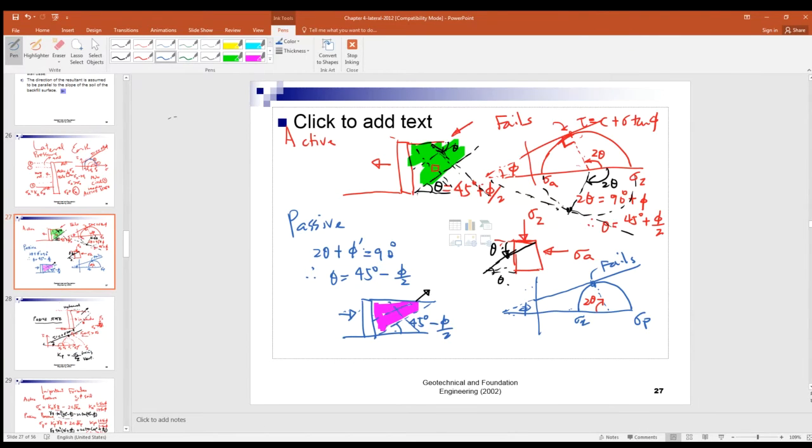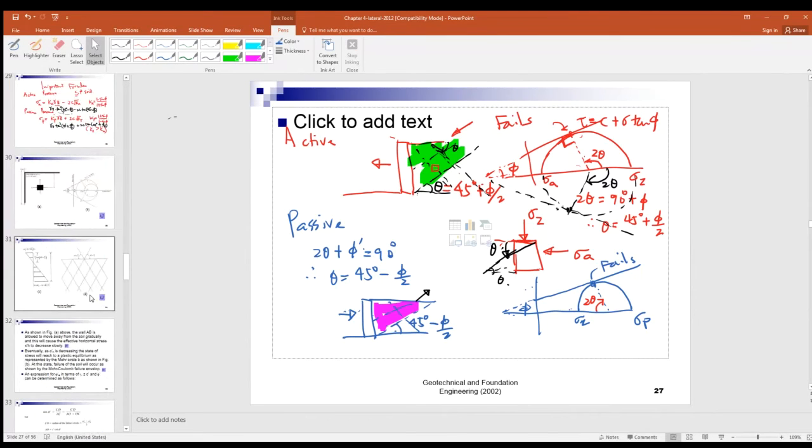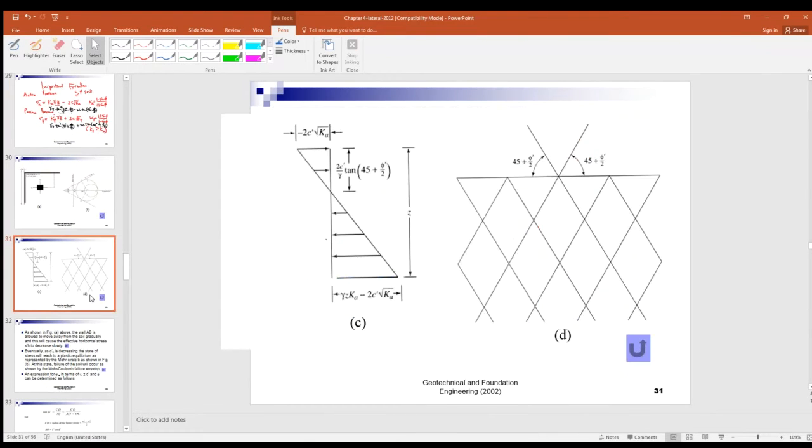For the passive case, it's 45 degrees minus phi over 2. Now, all these can be derived from the interpretation of the Mohr circle, right? Whereas with respect to the strength envelope. So for this case, it's active, right? So that is the active case.